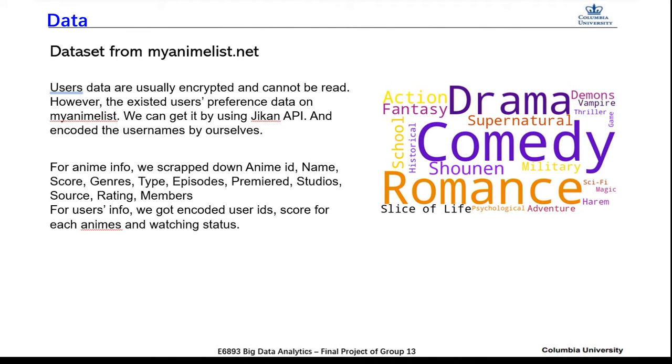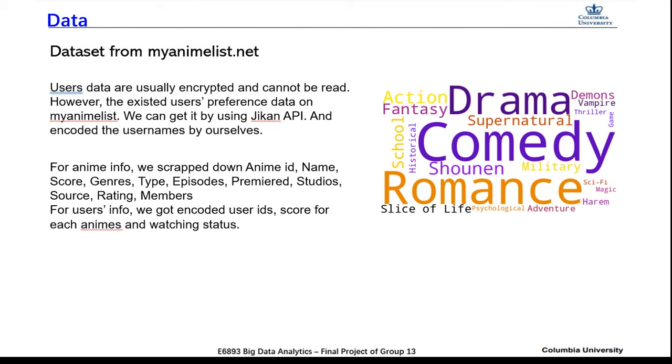So we got the big data of anime through the API, and we encoded the username ourselves. For anime information, we got the anime ID, name, score, genres, type, and other things. For user information, we got the encoded user ID, score for each anime, and the watching status.